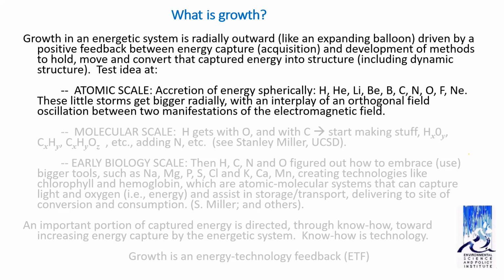So we can test this idea at the atomic scale, and you can realize that the entire periodic table is a radial accretion of energy, starting with hydrogen as the smallest energy sphere, but you just keep adding energy in this spherical dance, and you get larger and larger atoms.